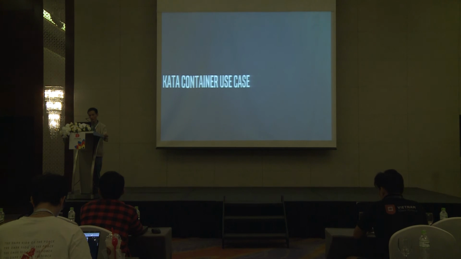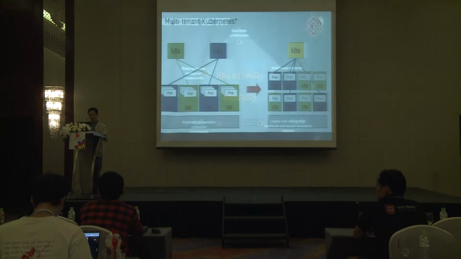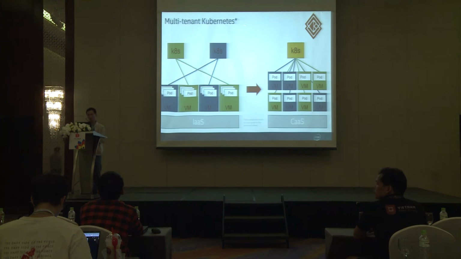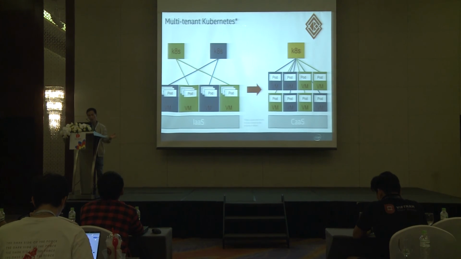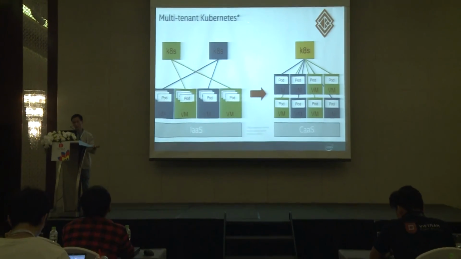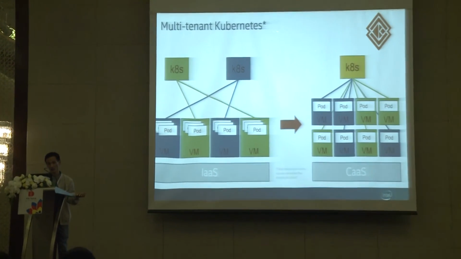So very last, there are a few Kata container use cases. I think one of the very common use cases in Kata container is to provide a multi-tenant Kubernetes cluster, especially in the public cloud service. On the left side is how we use the container service these days, right?